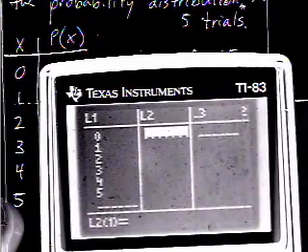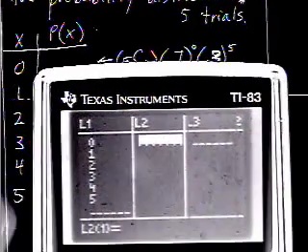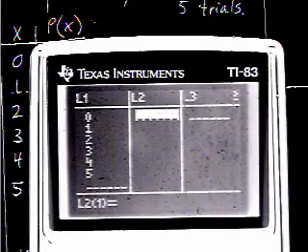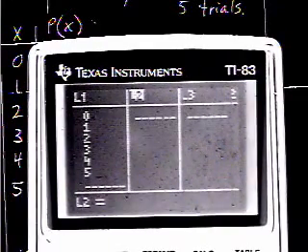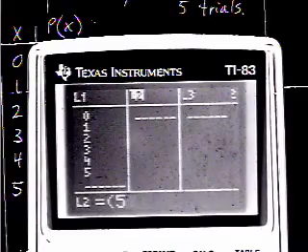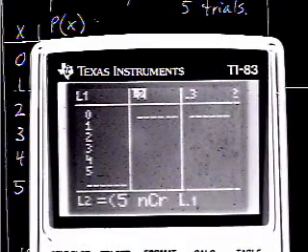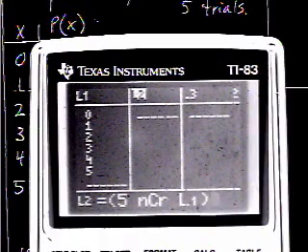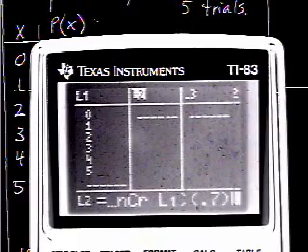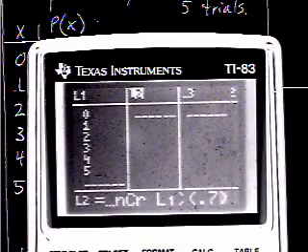And then, as I did before, I'm going to use that binomial probability. Here, I'll get it up in the middle of the screen. Go all the way to the top. 5 Math, NCR, List 1. Probability of success, 0.7. Oops.